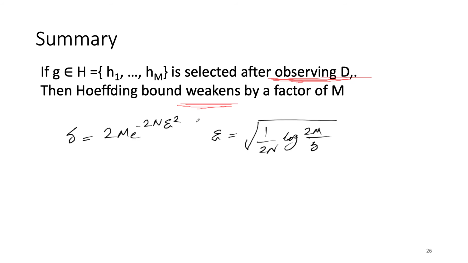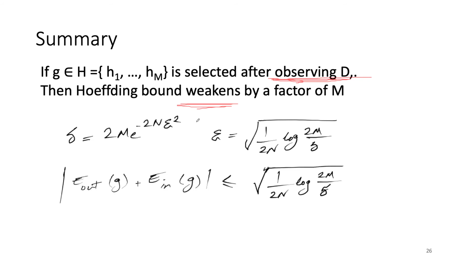And then using this is going to give us a way higher factor, so the accuracy of the upper bound is actually weakened.